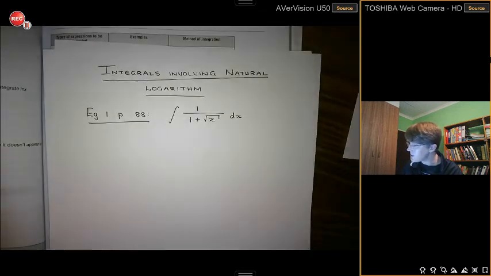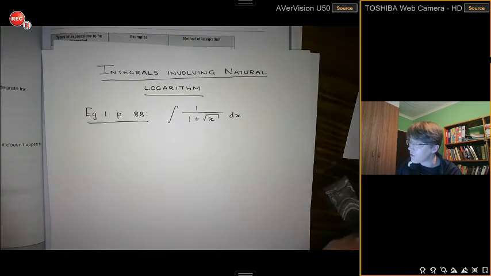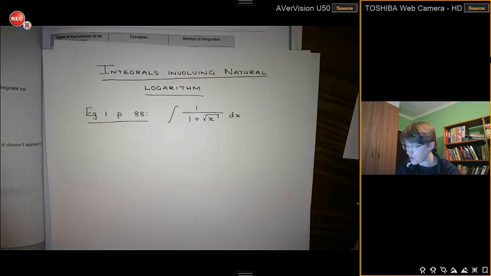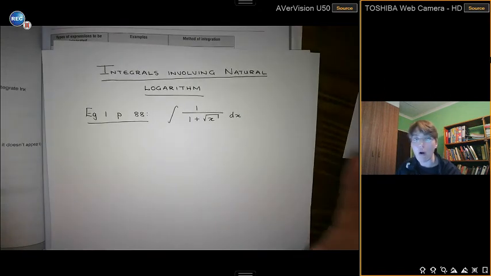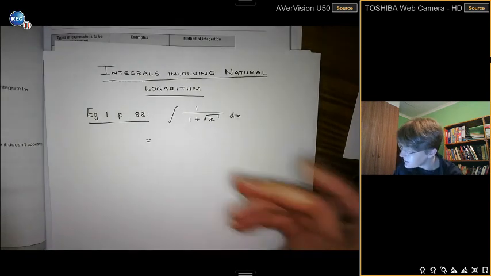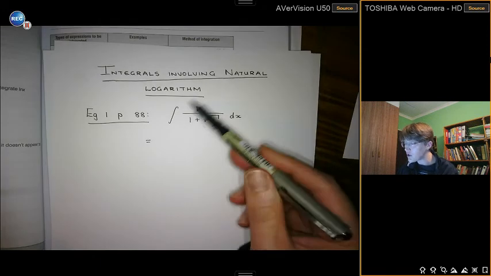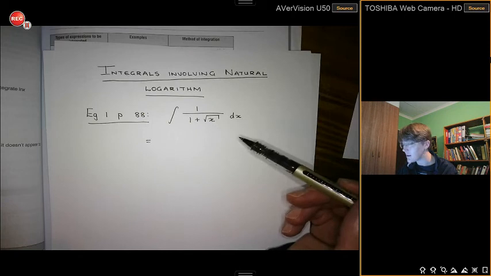Now, these ones are not exactly obvious at first as being one of those integrals involving natural logarithms because it's slightly in the wrong format. We have to fix it algebraically first. And to fix it algebraically, I'm going to do the following. And this is something, unfortunately, you're going to have to look at quite a few of these and just try and memorize this format to recognize it.